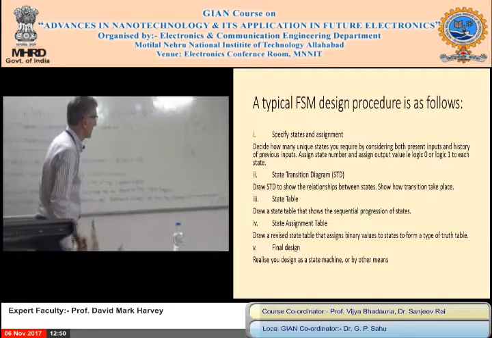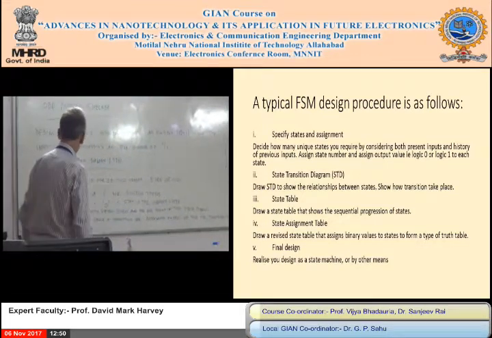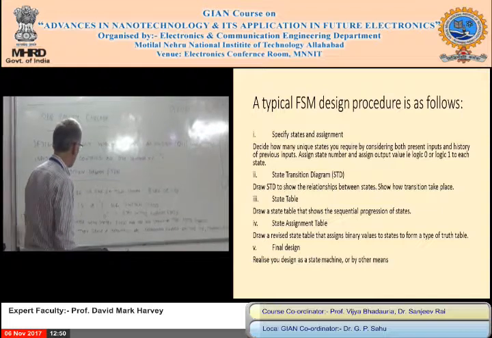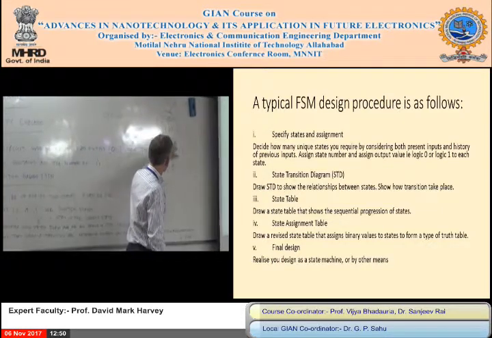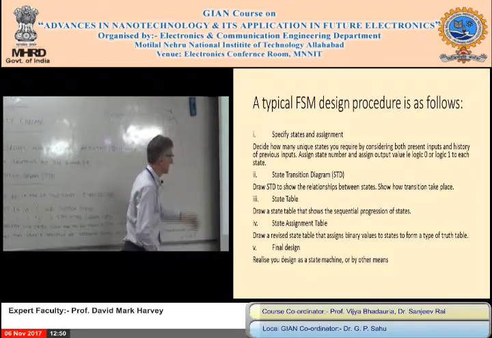Okay, so that's the specification. Input values that cause a transition are represented by the arcs I've shown on the diagram with their associated inputs.